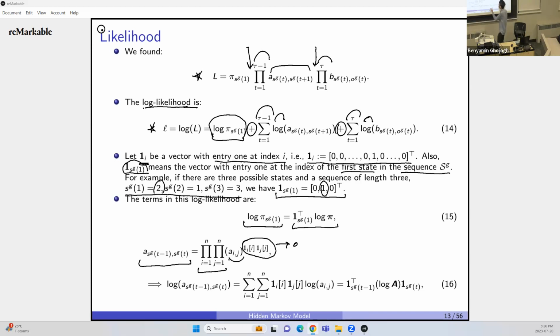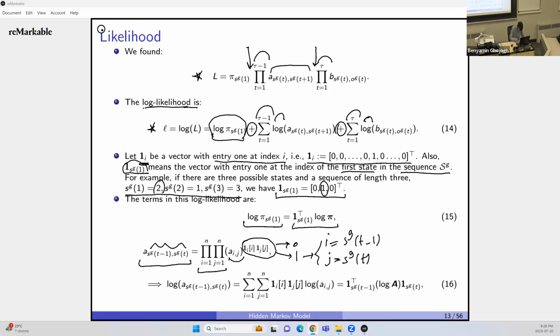Only one term will have an effect, where the power becomes 1, the term with SG_{t-1} and SG_t. So whenever i becomes SG_{t-1} and j becomes SG_t, this power becomes 1, and the rest of the terms are to the power of 0, which has no impact in multiplication, right?